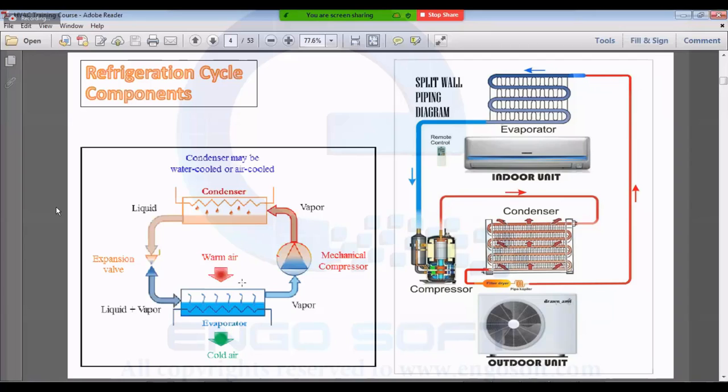So we are trying to move heat from a 24 degrees Celsius space to a 46 degrees Celsius outdoor. To do this process, we cannot do it normally. We have to provide work. We have to pay money for doing this job, because the job is against nature, right?